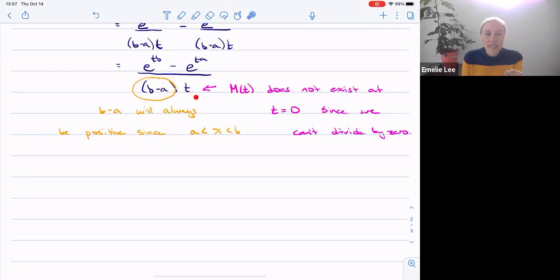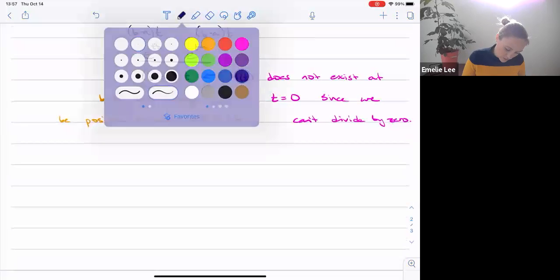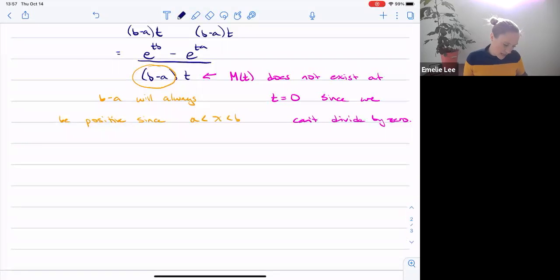Because we're integrating e to the tx, it becomes e to the tx over t. So there's always going to be some version of this t in the denominator, or usually.